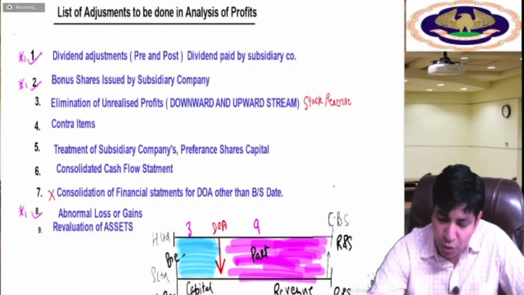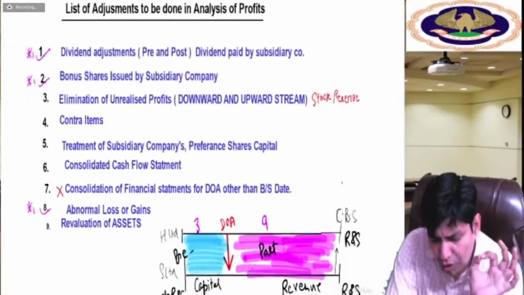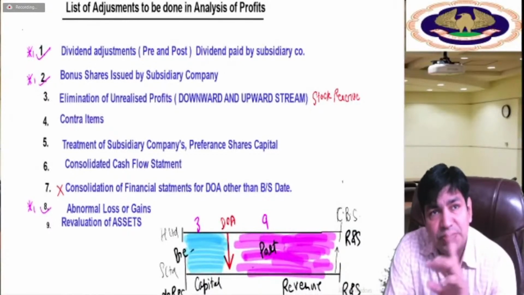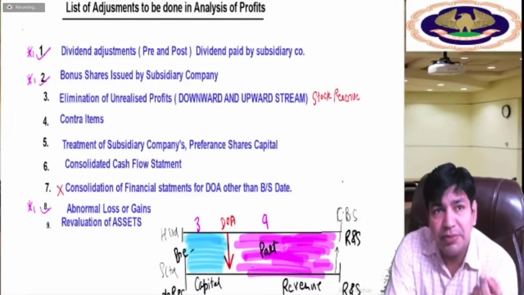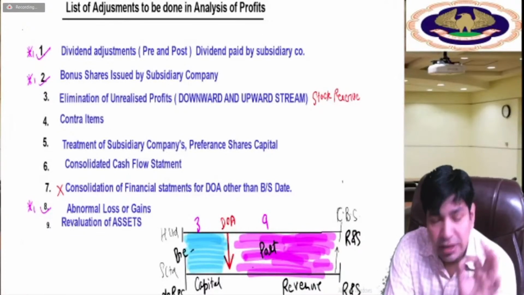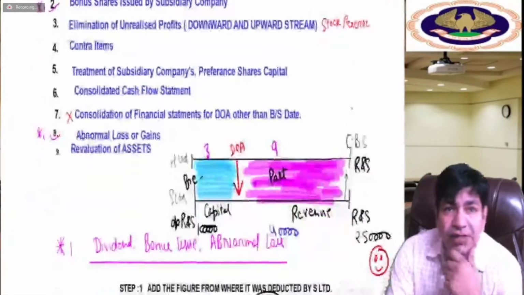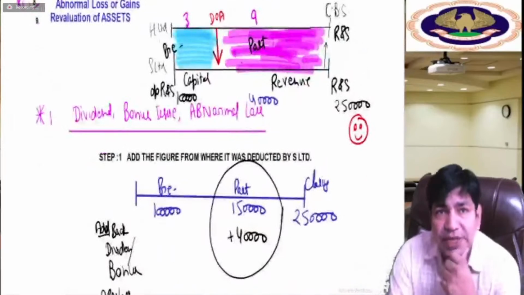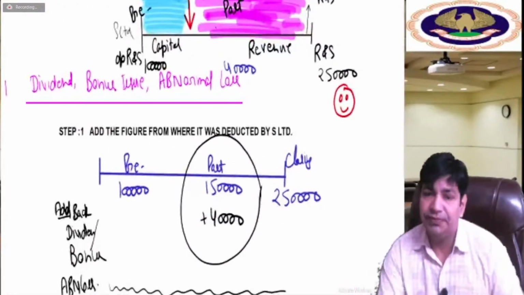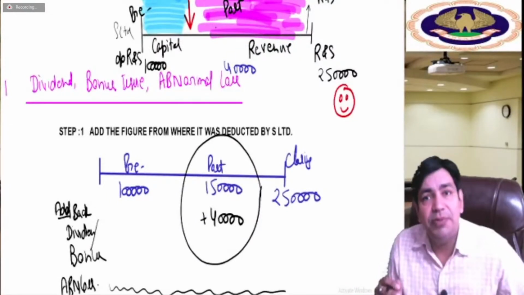So see, I'm going to revise. Beta, for adjustment number one, dividend, adjustment number two, bonus, adjustment number eight, abnormal loss, the treatment is the same. So we divided these things into some steps. Step number one, we have to nullify the effect, whatever the effect is there in the financial statement.